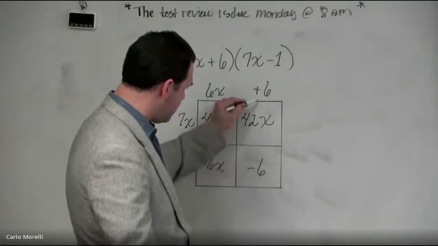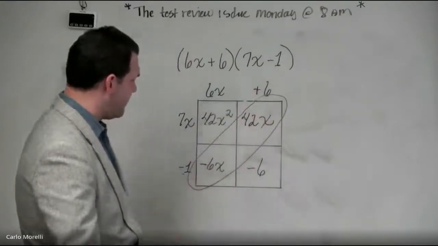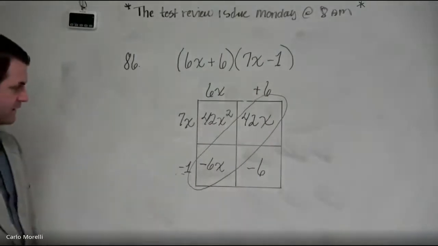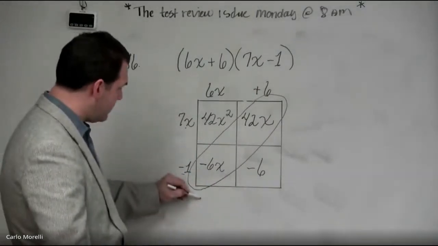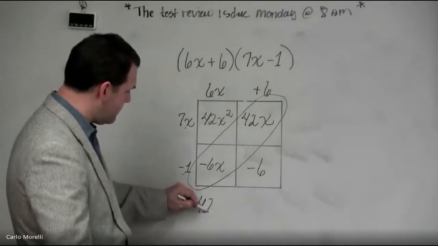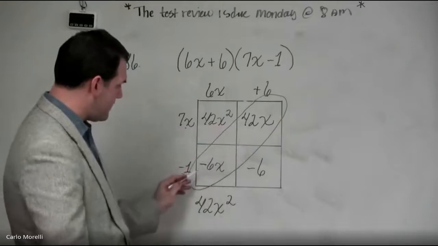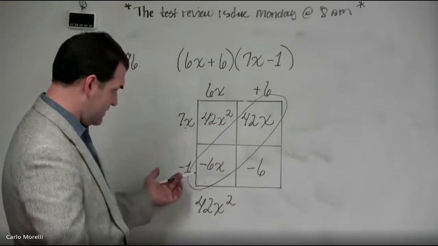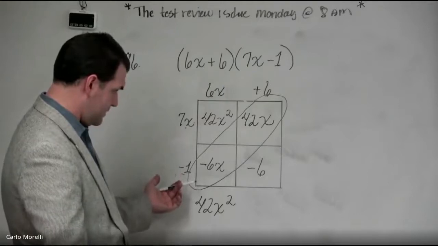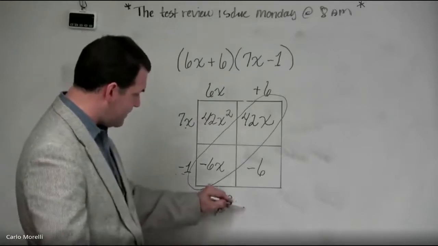These terms, you can draw a little tic-tac here. These terms can be combined, all right? So we have to actually take a minute and write this out. Start with the x squared term, so 42x squared. Now 42x plus negative 6x is kind of like 42 minus 6. What is that? 36x. So plus 36x there.